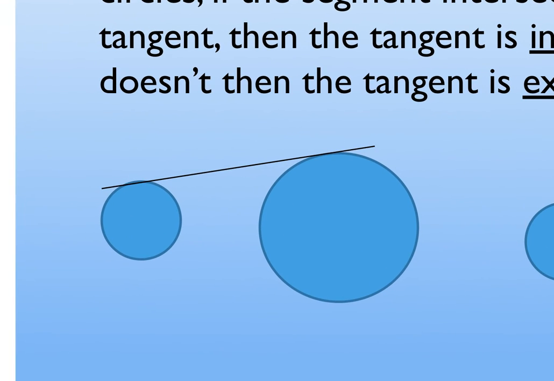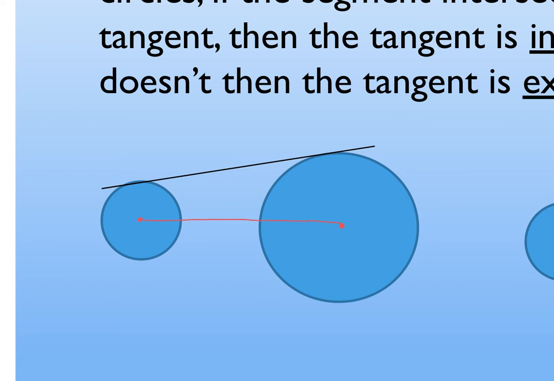So take a look at our first one. Do you agree that that black line is tangent to both of those circles? Agreed? It's tangent to each one. Now, draw a line from the center of each one and connect them. If that black line crosses the red line, it's an internal tangent.